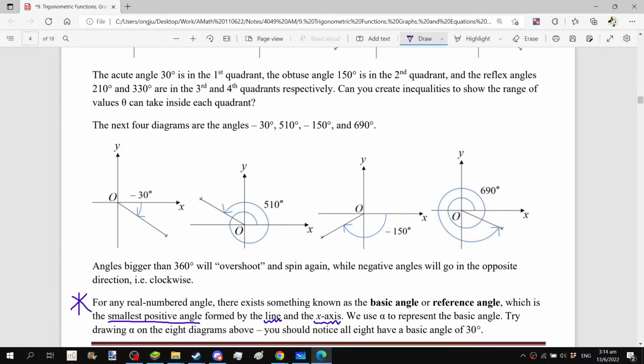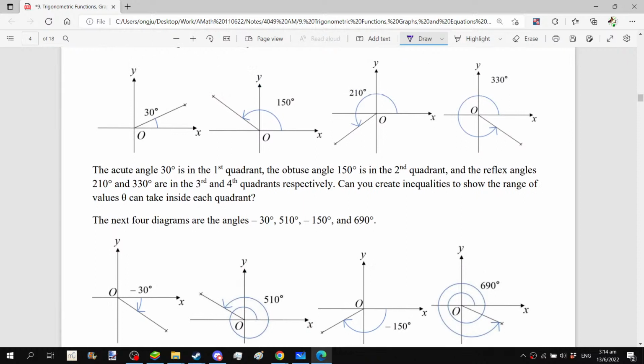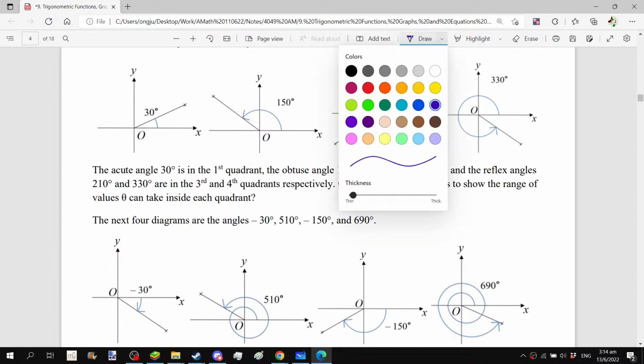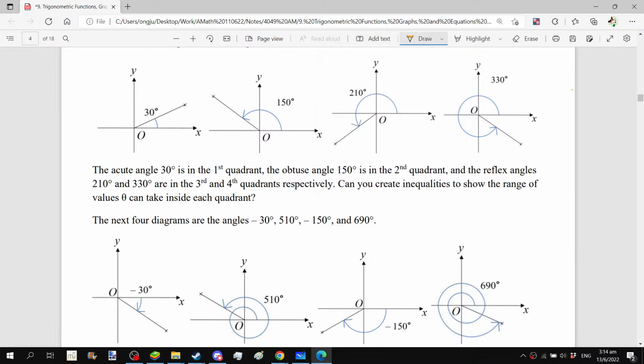So if you look at all these diagrams over here, you can very quickly notice that the basic angle is always going to be 30 degrees. In the first example here, between the x-axis and the line is obviously just this angle here, which is clearly 30 degrees. In the second example, we see instead you're going this way, which will be 30 degrees over here because it's 150 on the left, right? Adjacent angles on a straight line.